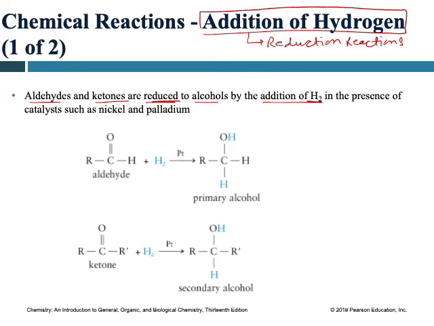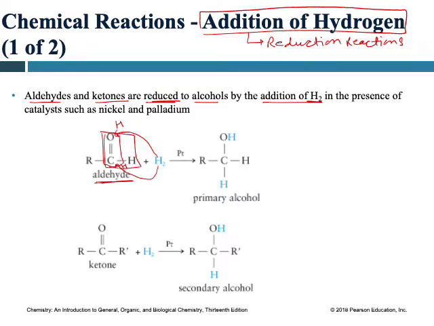So let's take one example. This is an aldehyde group. If I put H2, you're gonna get what? You're gonna put one of the hydrogen over here, and out of the two hydrogen, one of the hydrogen goes to this carbon, right? So one each across the carbonyl group.